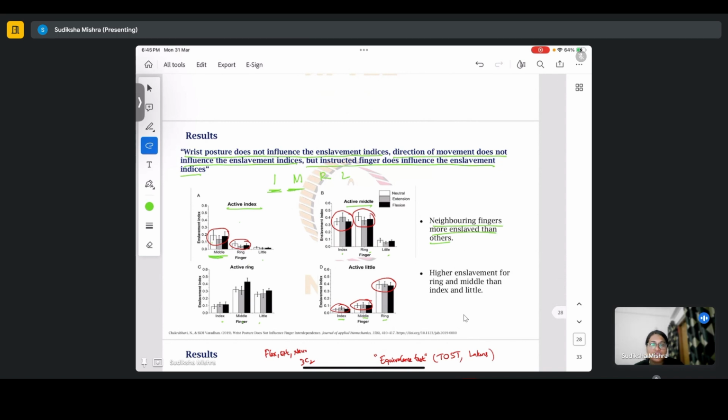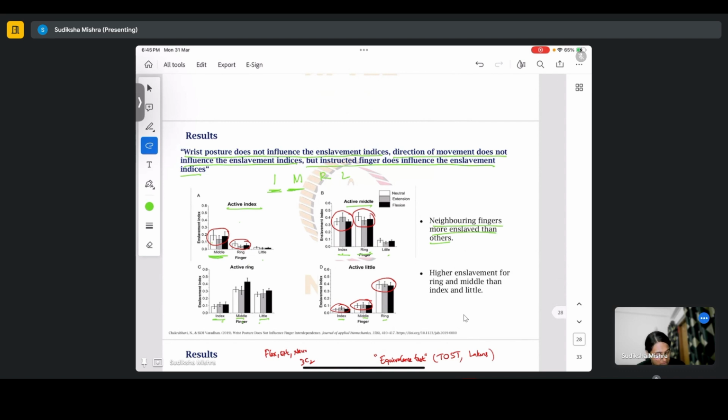Whereas if the middle finger was active, both index and ring fingers have high enslavements. Similarly, if the ring finger is active, middle and little fingers have high enslavement, whereas the index finger has very low enslavement.